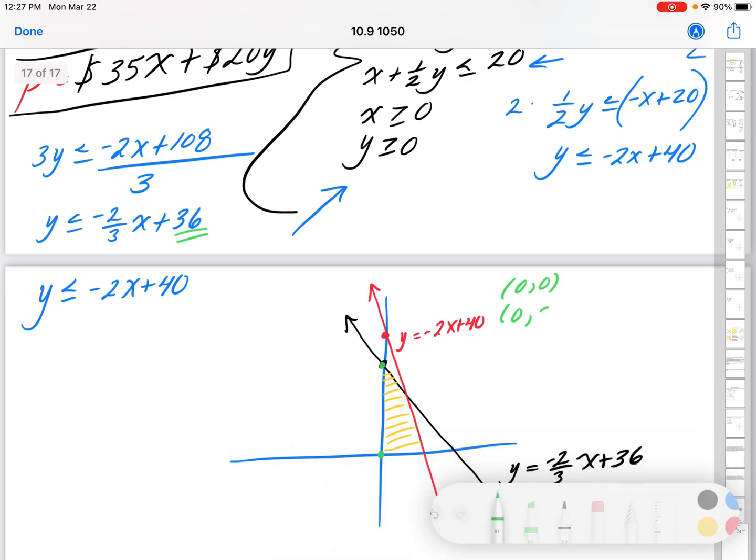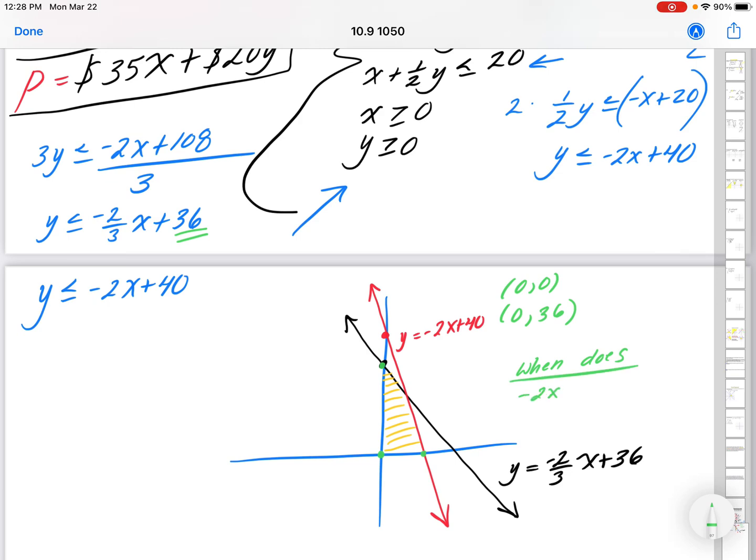So over 0 up 36. Then another vertex would be right here. So if I wanted to know when that equaled 0, I would say, when does negative 2x plus 40 equal 0? So I would subtract 40, negative 2x equals negative 40, divided by negative 2. So x equals 20. So 20, 0 is another vertex.